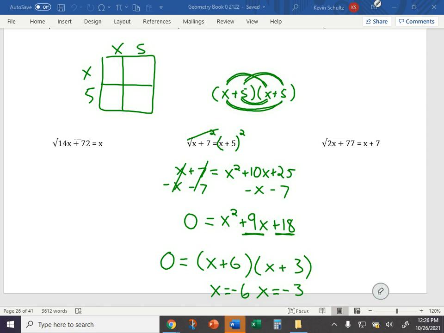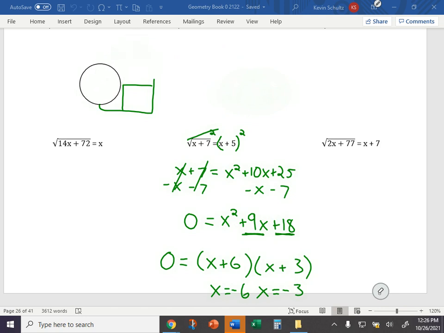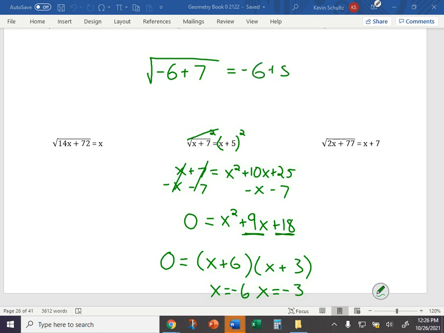When we plug this back into the original equation, let's take our -6 first. The square root of -6 plus 7 equals -6 plus 5. I'm taking that -6 and plugging it in for x in my original equation.